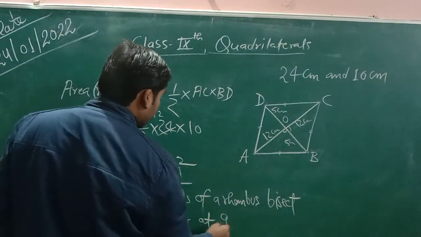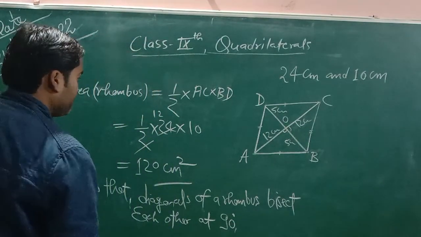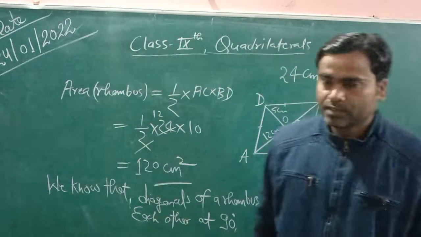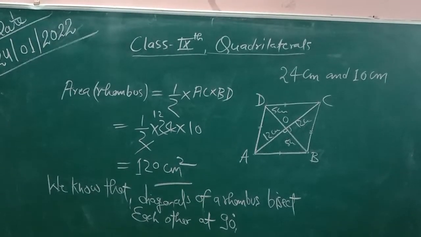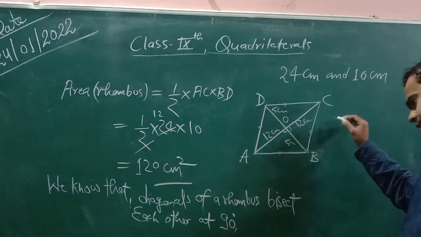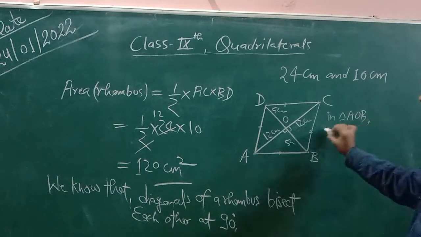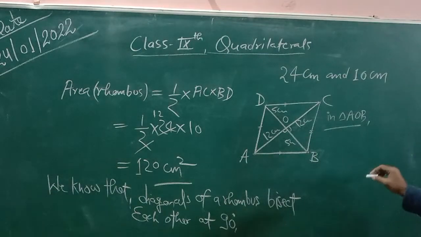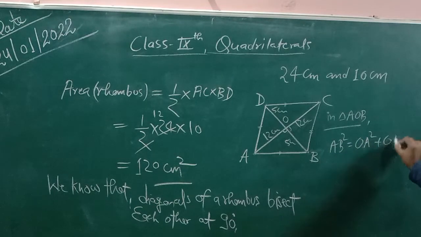In triangle AOB, apply Pythagoras theorem. In triangle AOB, the side opposite to 90 degrees is AB. AB square is equal to OA square plus OB square.